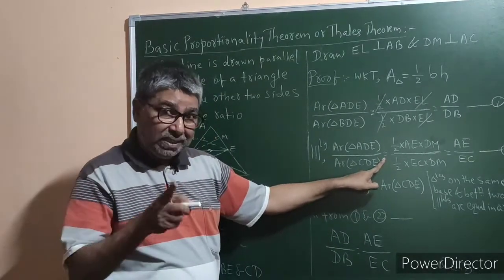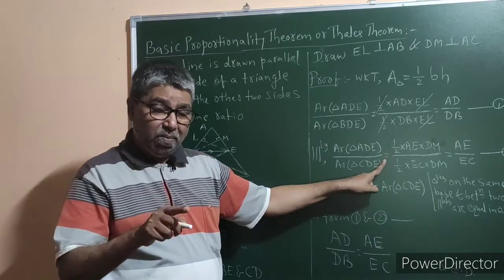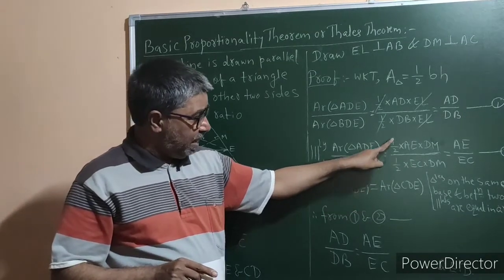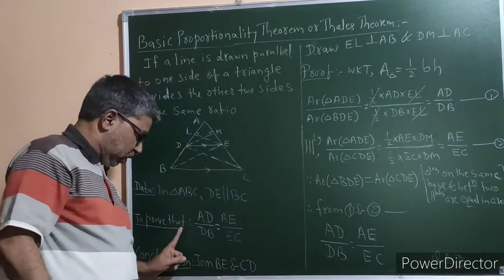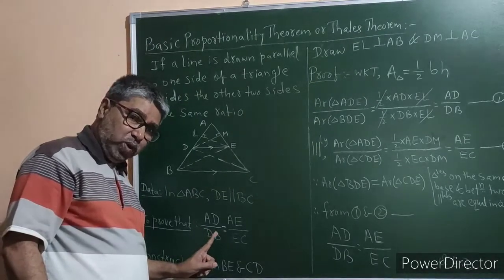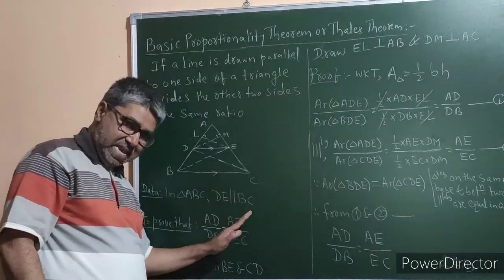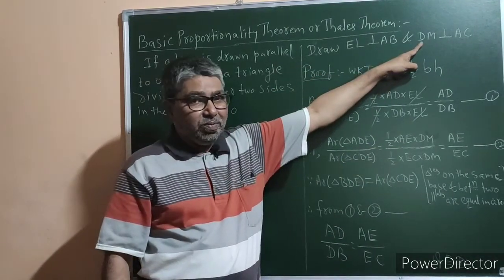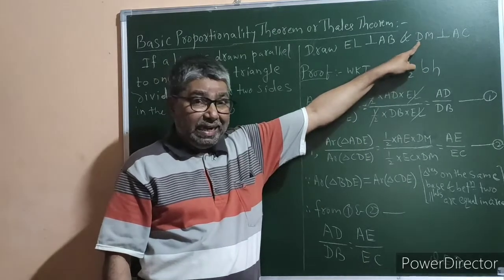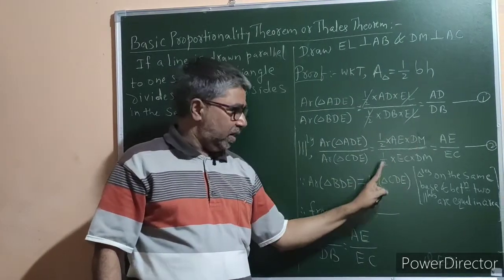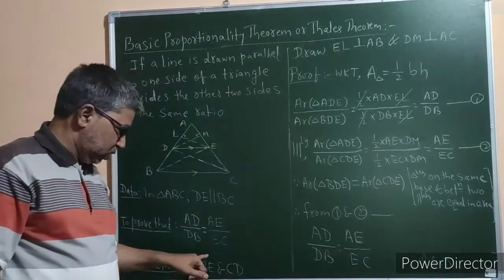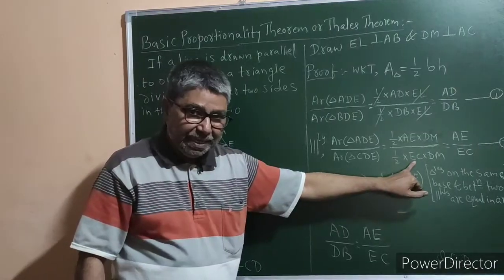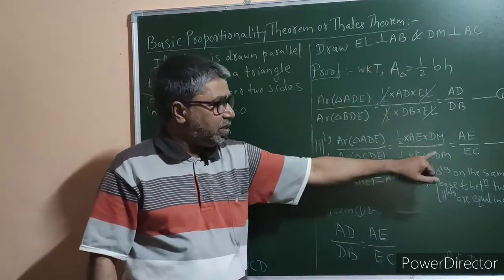The hint to remember how to write: write half, then AE, then into the next altitude, the perpendicular drawn on AC, that is DM, divided by 1 upon 2 into EC multiplied by again the same altitude DM.